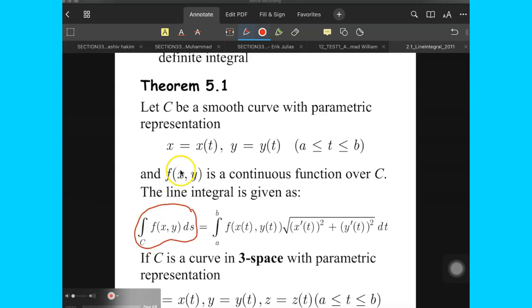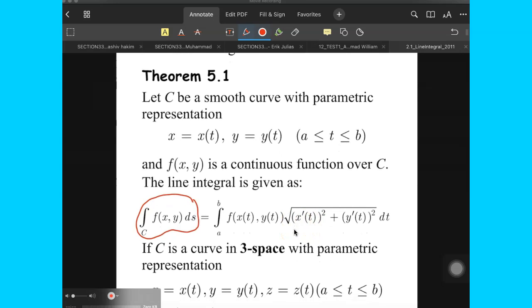Normally the curve is given in a vector function where you can have the parametric equation. From the vector function, you can evaluate the speed. This is the formula of speed, which means you have to differentiate the x component and the y component and then evaluate the magnitude.